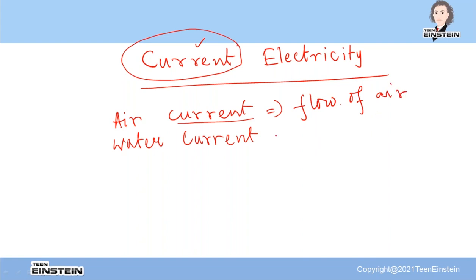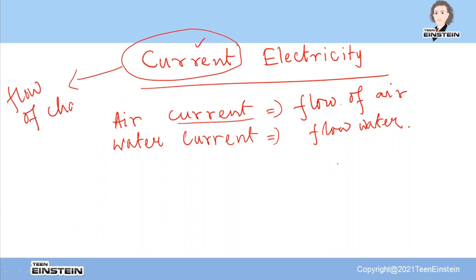Air current means flow of air. Water current means flow of water. Here, current electricity means flow of charges.